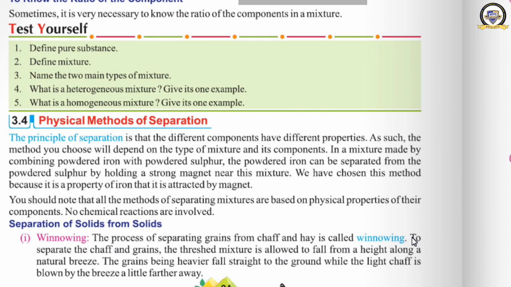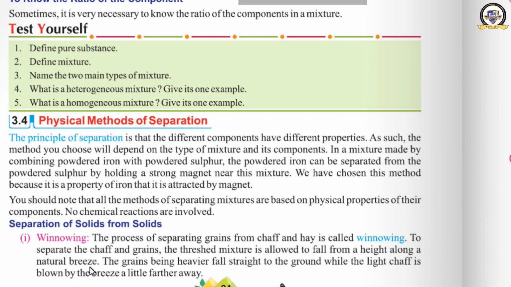To separate the chaff and grains, the threshed mixture is allowed to fall from a height along a natural breeze. I think you have noticed it is common among village people that they separate the chaff from the grain by allowing it to fall from a height.